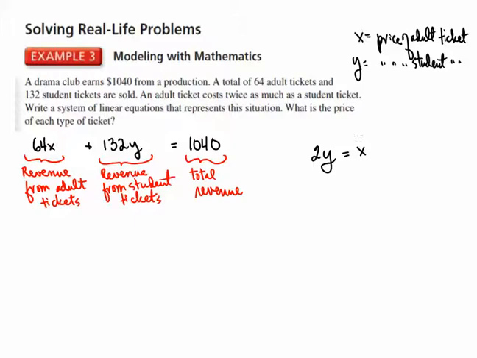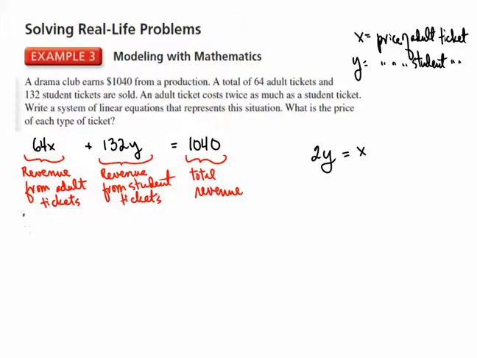So we can either say 2y is x or x is equal to 2y. And so this gives us something now to substitute out. So 2 times the student ticket, 2 times y, will give us the price of 1 adult ticket.